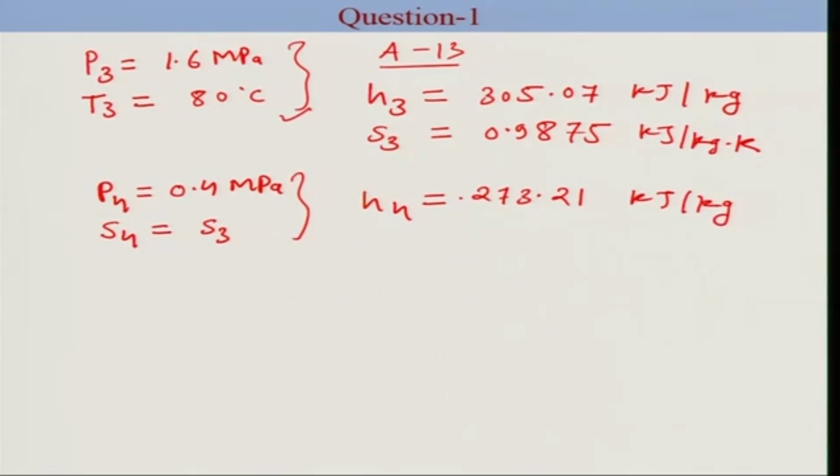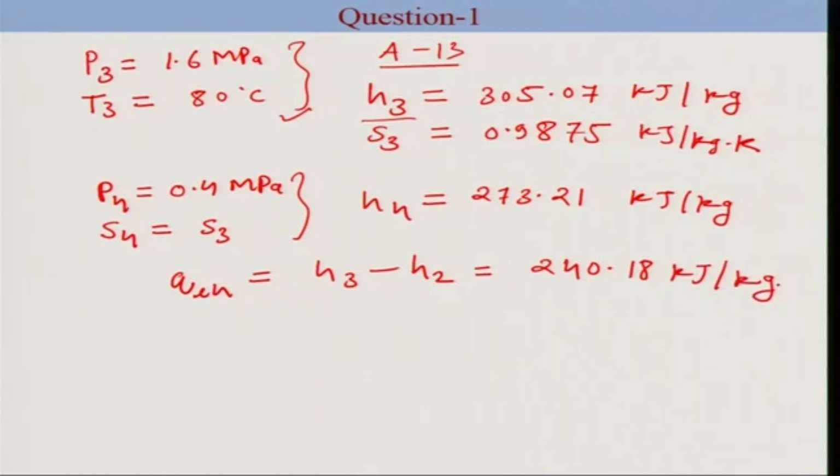Now, we can calculate heat coming in the cycle, Q in, equal to H3 minus H2. Right. So, since we have already calculated H3 and H2, after plugging these we get 240.18 kilojoule per kg. Similarly, Q out will be H4 minus H1.